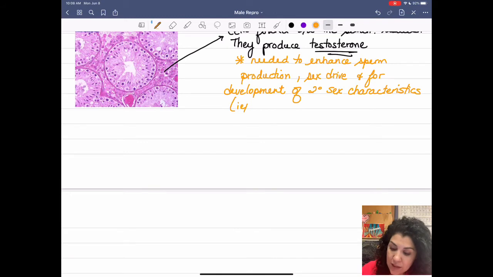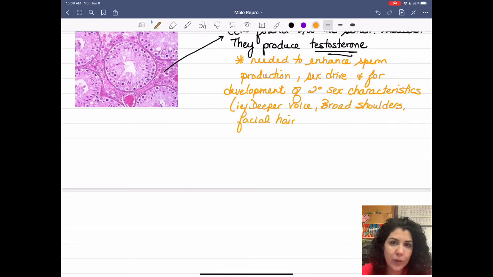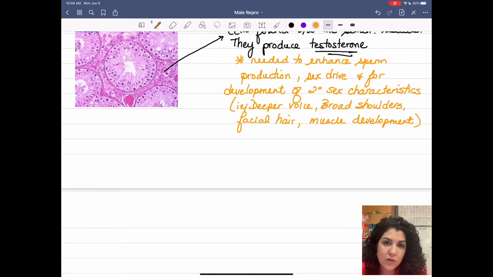For males, these guys are the deeper voice that comes from the enlargement of the voice box, the broad shoulders, facial hair, body hair, pubic hair, all of that stuff that comes from having testosterone. And muscle development. Muscle development in both males and females is due to testosterone.